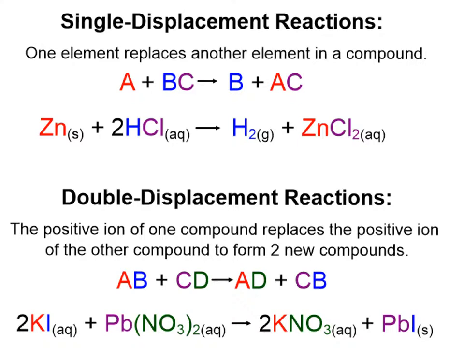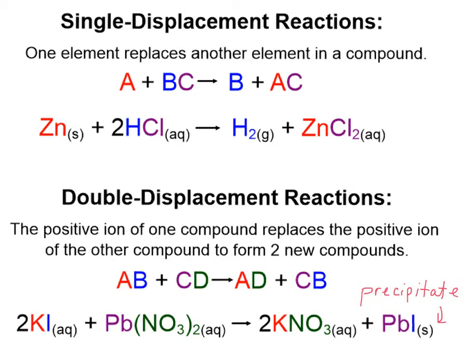One important thing to notice in this equation right here, we have potassium iodide aqueous. It's dissolved in water. This is aqueous also, and so is this, aqueous. But look at the lead iodide over here. It's a solid. Another word for this type of solid that forms during a reaction is a precipitate.